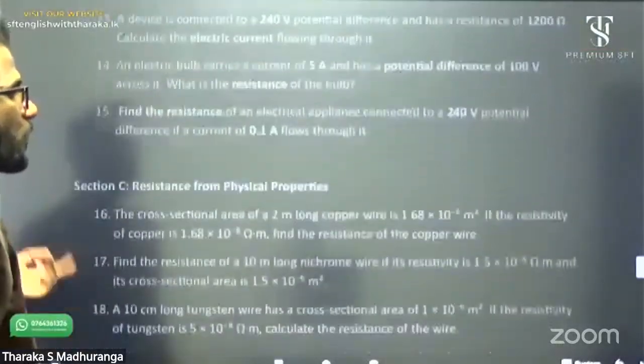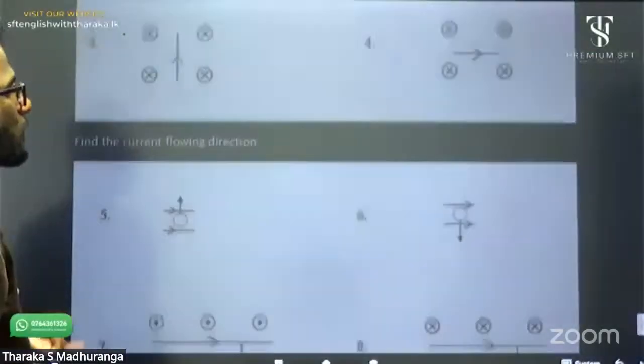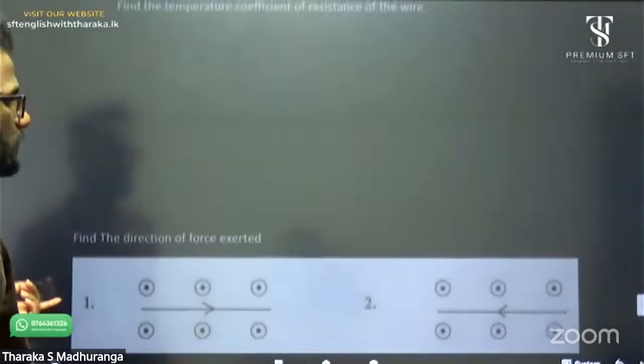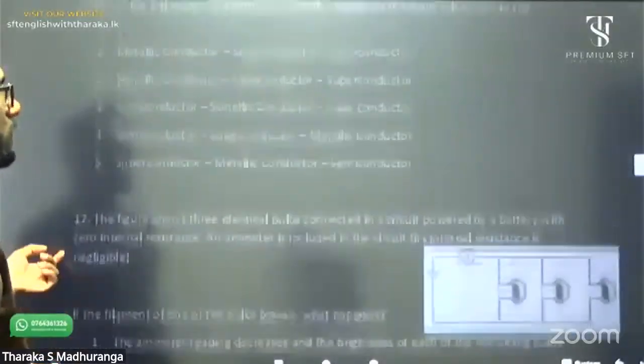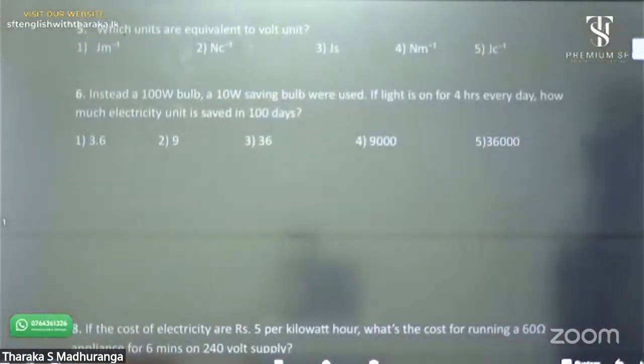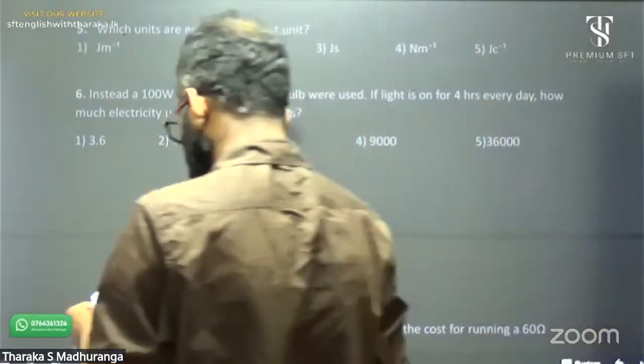I hope you are now working on these circuit tutorials. Which tutorial did I add these questions to?